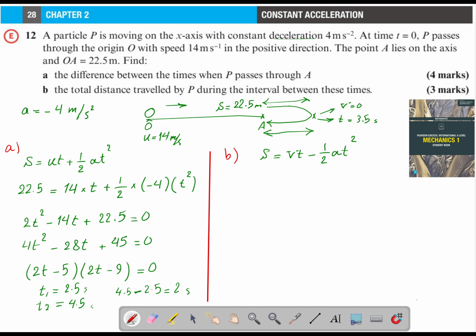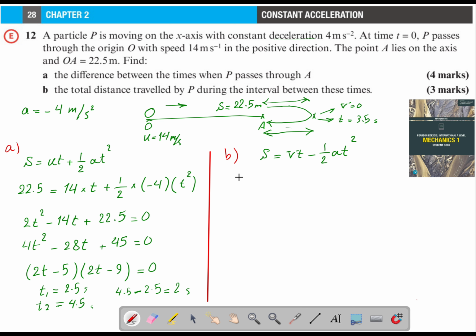Right, the units here as well. So we can insert 3.5 to find the displacement of this point, then deduct from the displacement from O to A, which is 22.5, and find this displacement, then multiply by 2.